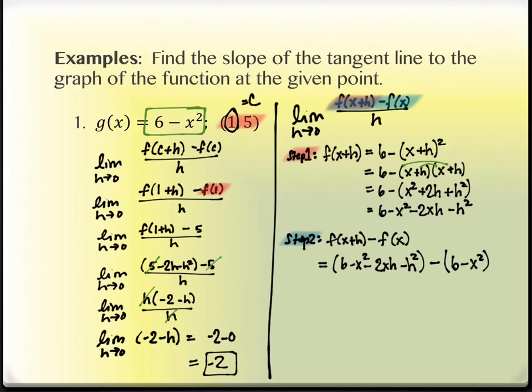I like putting the second piece in parentheses, and here's why. Everything in that f of x is going to cancel out. It's going to cancel out with something over here. So if I isolate it back here, I can see all the pieces going away very quickly. I don't have to distribute negatives or anything like that. Because notice what would happen if I do. If I distribute this negative through and get negative 6, the negative 6 will cancel with the 6.